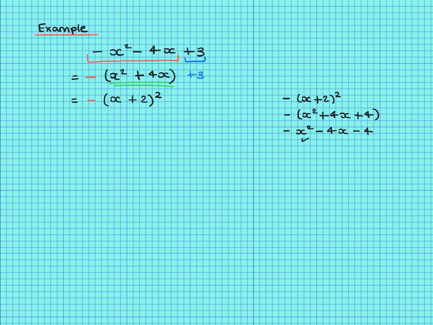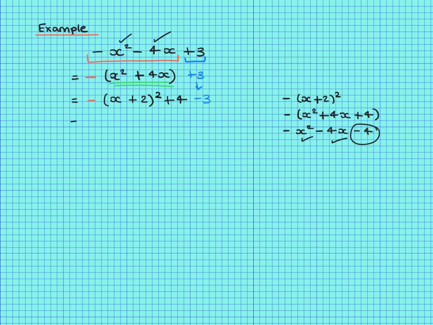Now, the negative x squared and the negative 4x are clearly what we want here. We need to make sure we remove this negative 4. So I'm going to add 4. And at the end, I'm going to subtract 3.